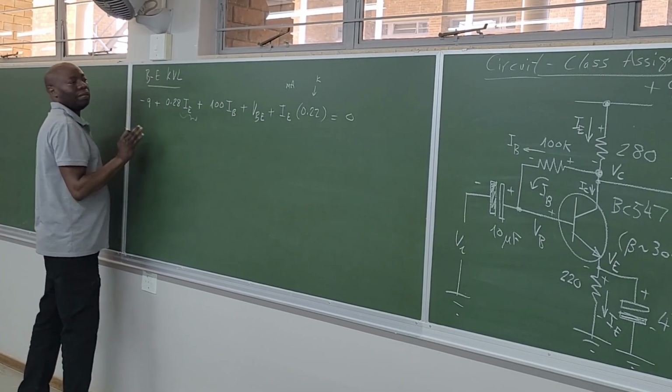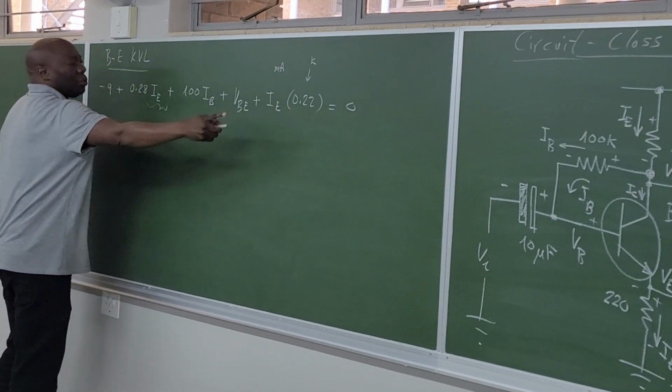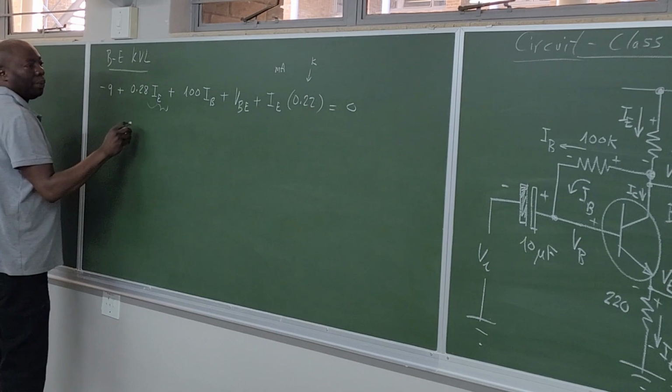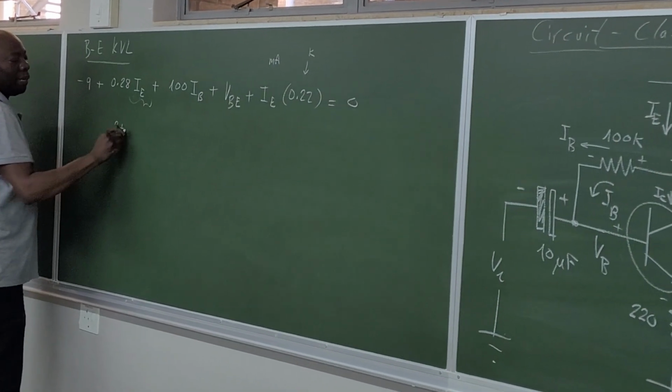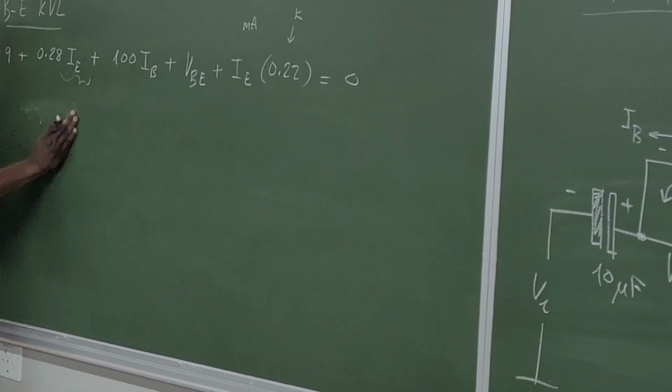Yes. So to cut to the chase, I'm just going to say these two together will go there. So we'll have beta plus 1. Since I know the beta is 300, let's just make life easier.